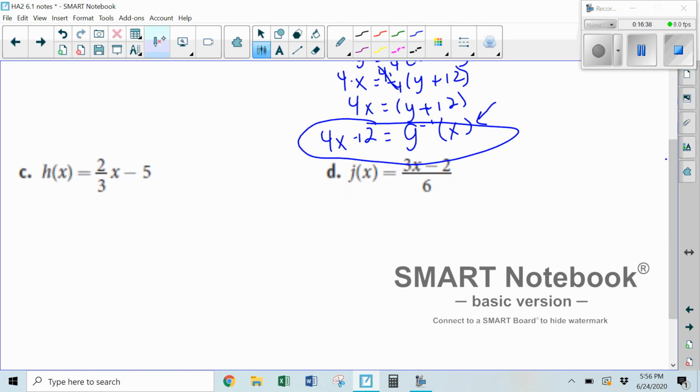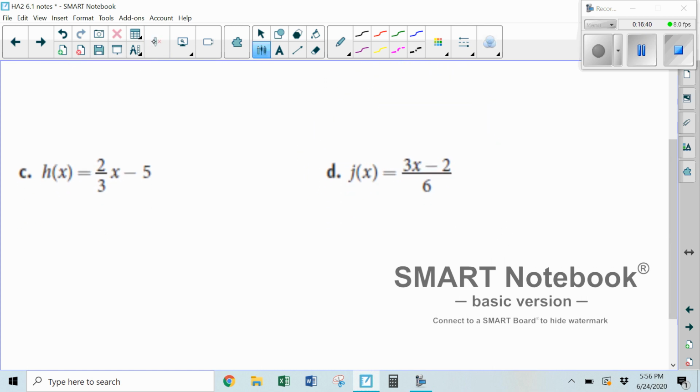Okay, why don't you pause the video and try C and D? Here are your answers. Actually, let me just go through all the steps. So this is going to be x, I'm going to switch it with y. Now when I solve for y, I get this.